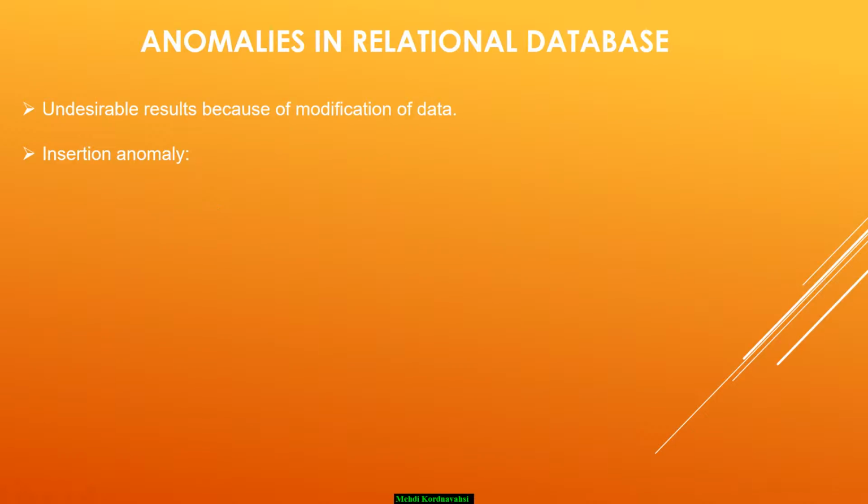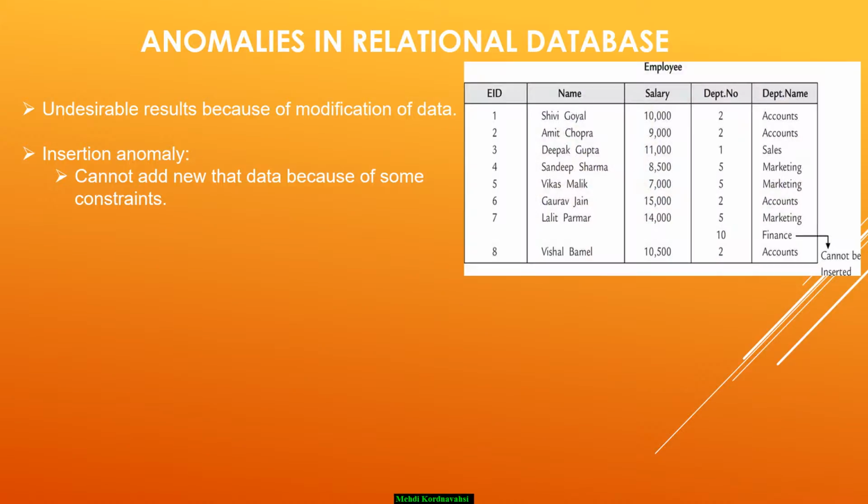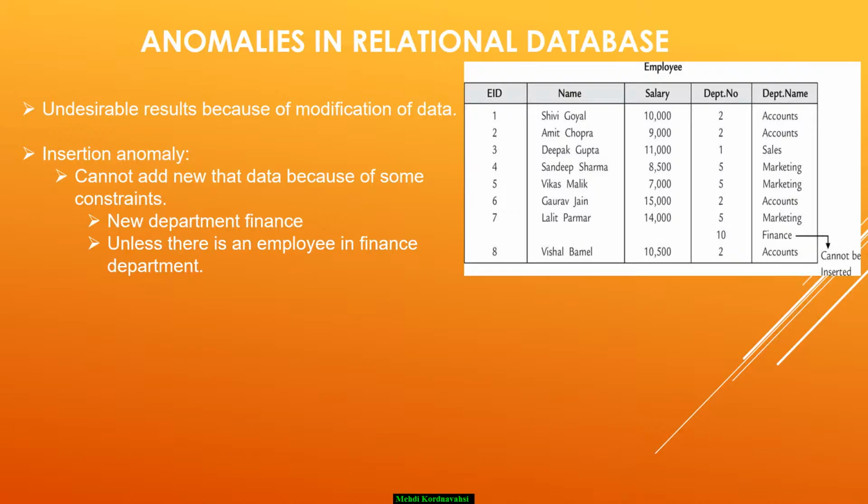Suppose you want to add new information in any relation but cannot enter the data because of some constraints. In relation employee, you cannot add a new department finance unless there is an employee in the finance department.